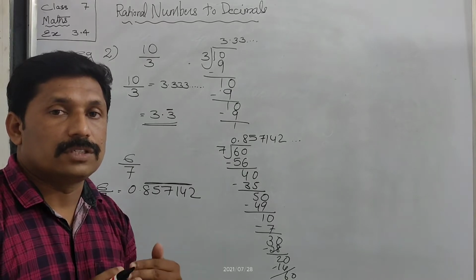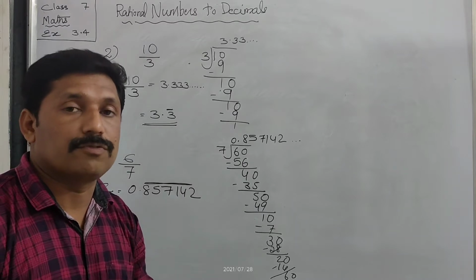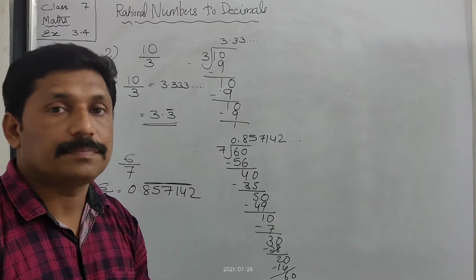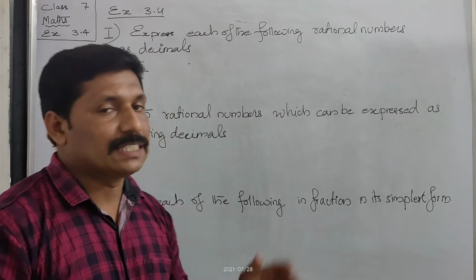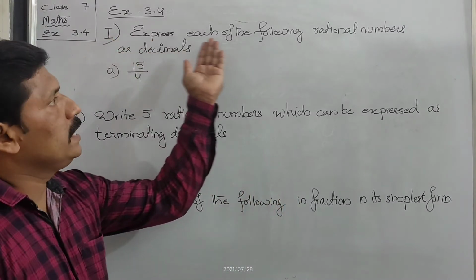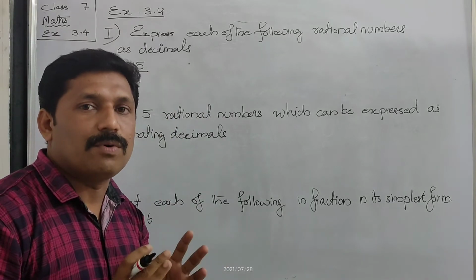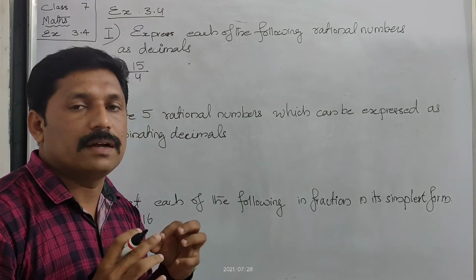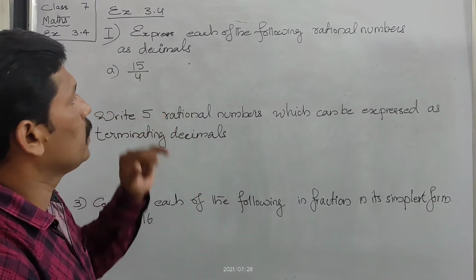Now we can go to the exercise part and solve some questions from the exercise. Exercise 3.4, first question. Express each of the following rational numbers as decimal. Okay, students, we have already studied and solved 2 examples. We divide the numerator by the denominator.